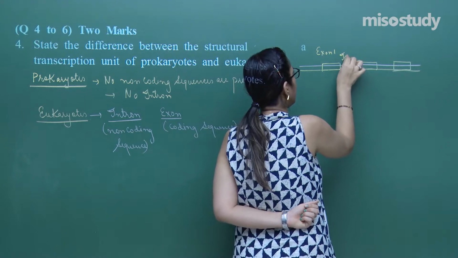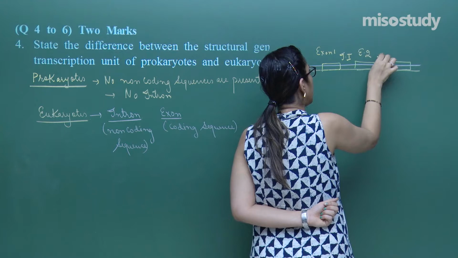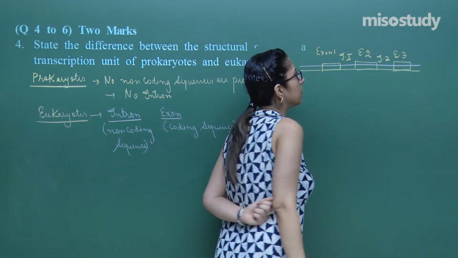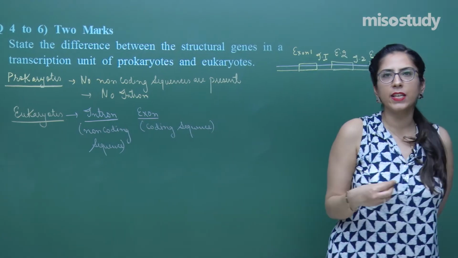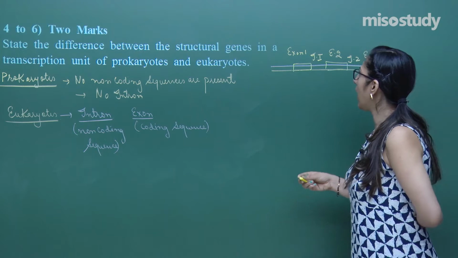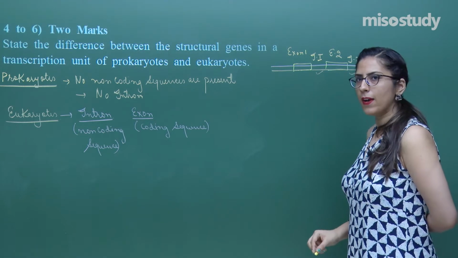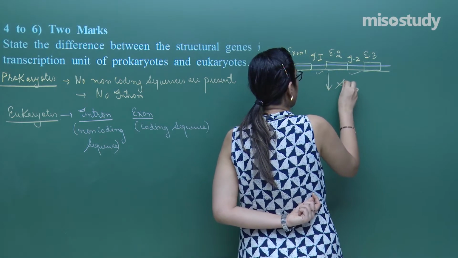This is called intron 1. This is called exon 2. This is intron 2 and this is exon 3, right? Whenever we talk about the translation process, before that all of these introns are removed. If I say introns are removed, then the process is called splicing.